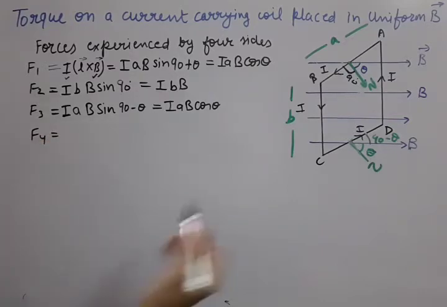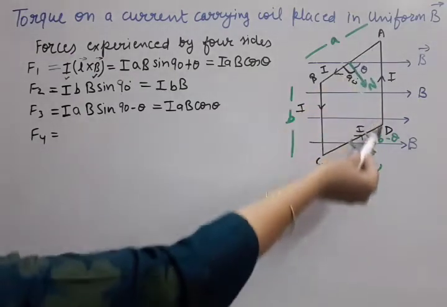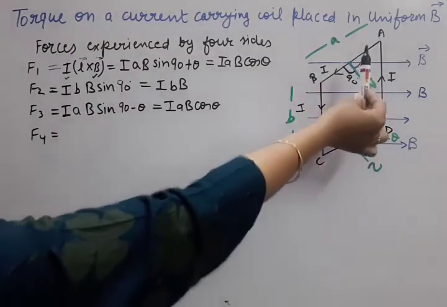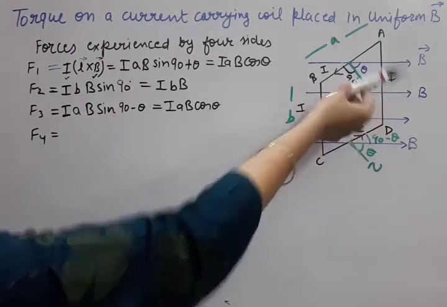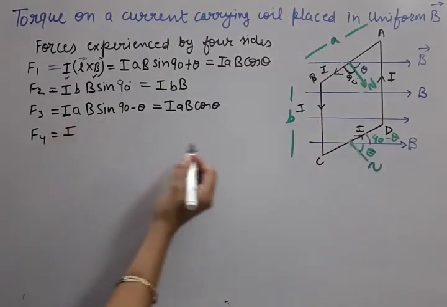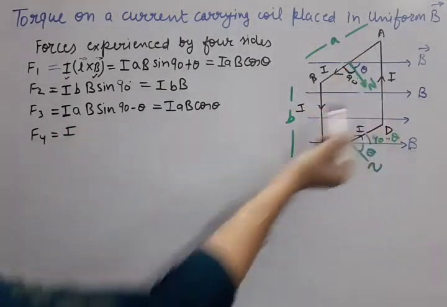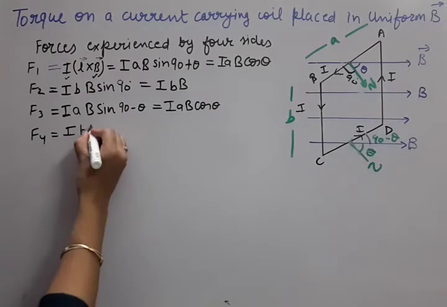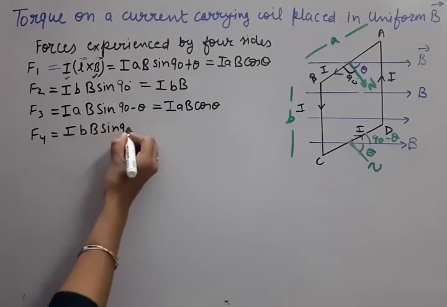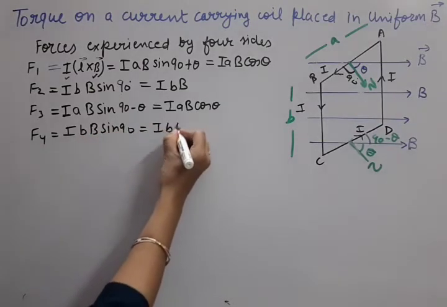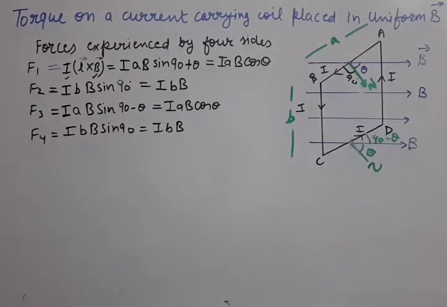Now let us solve F4. F4 means the force here. You see current is upward, magnetic field is horizontal, angle is 90. The side is of length B. So IBB sin 90, and its answer is also the same. So IBB is the value of the F4 force.